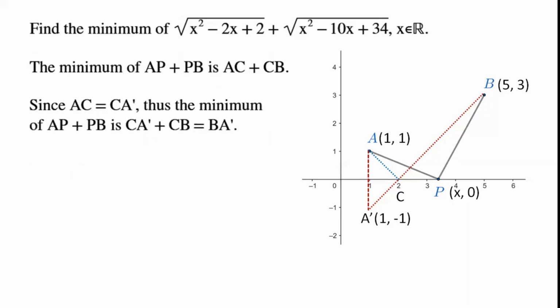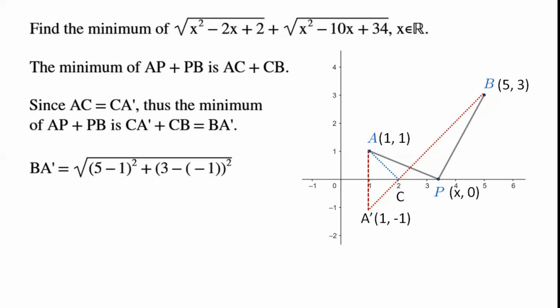Since AC equals CA dash, the minimum of AP plus PB is CA dash plus CB, which equals BA dash.